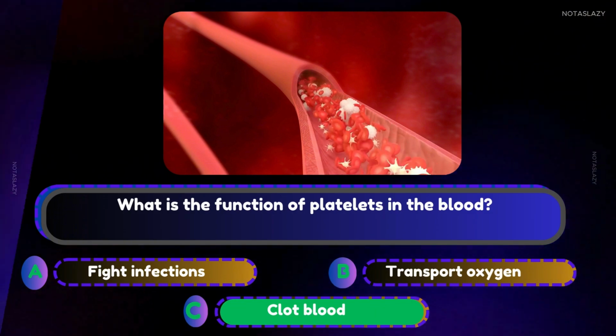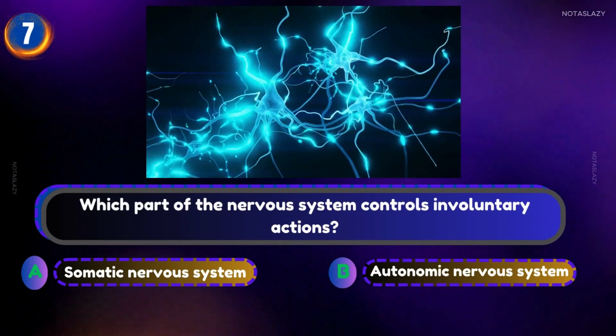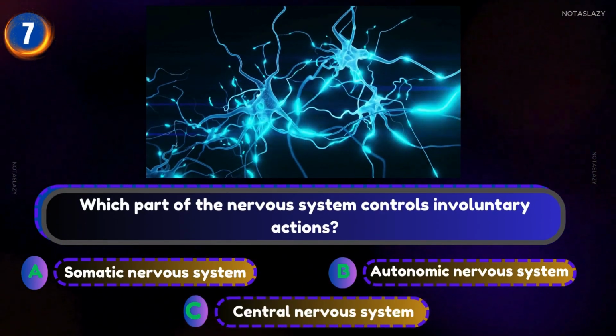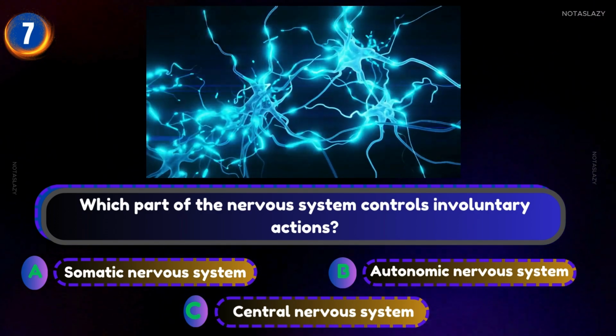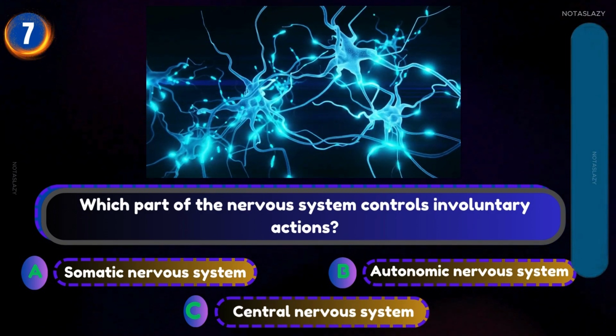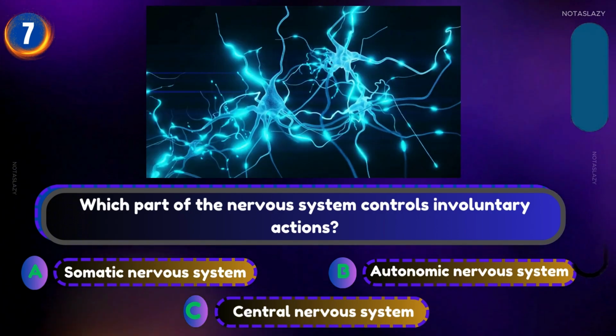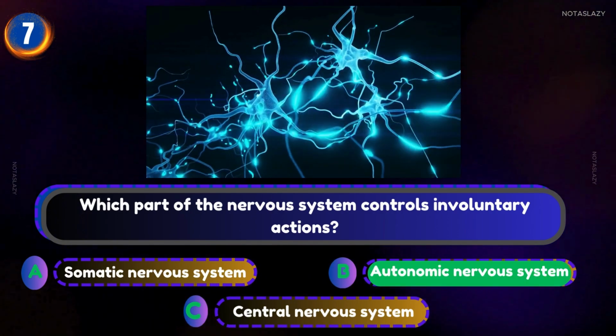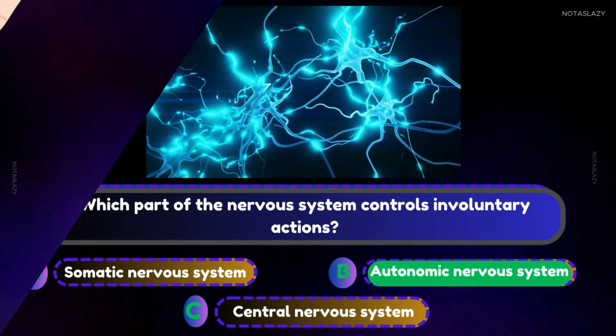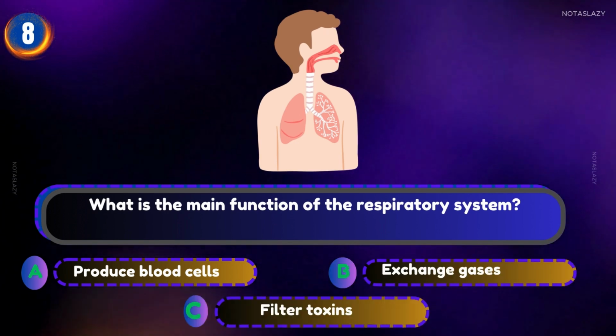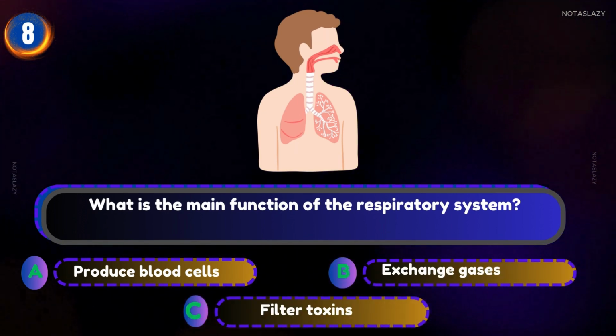Clot blood. Which part of the nervous system controls involuntary actions? Autonomic nervous system. What is the main function of the respiratory system?